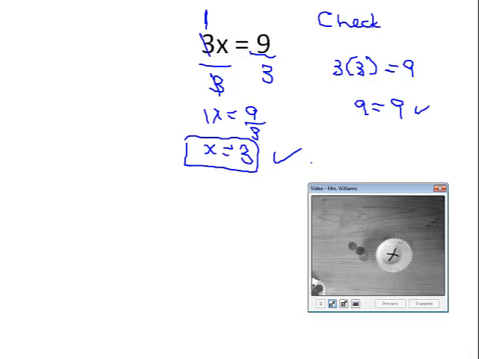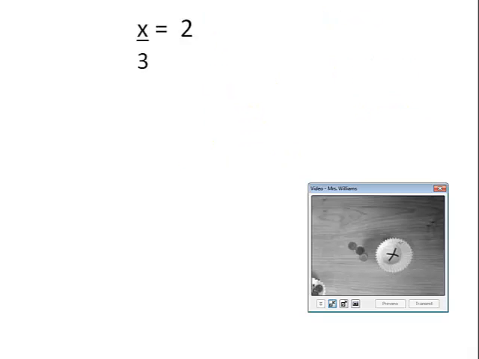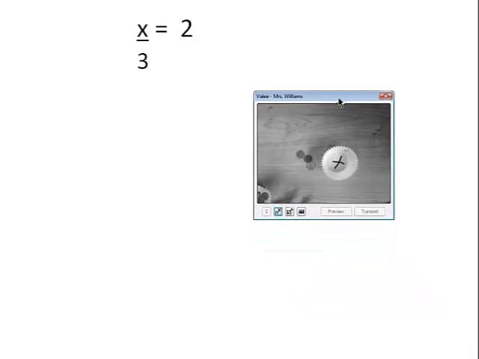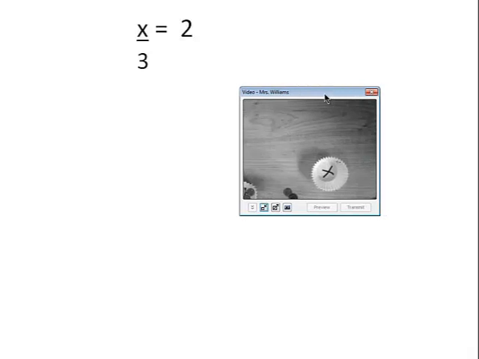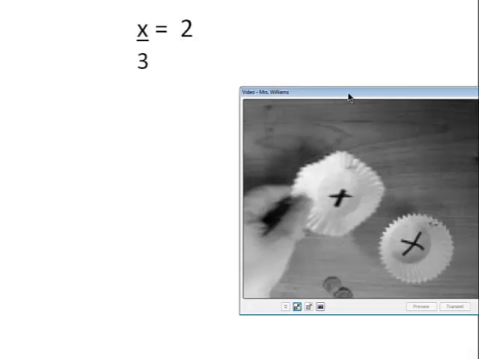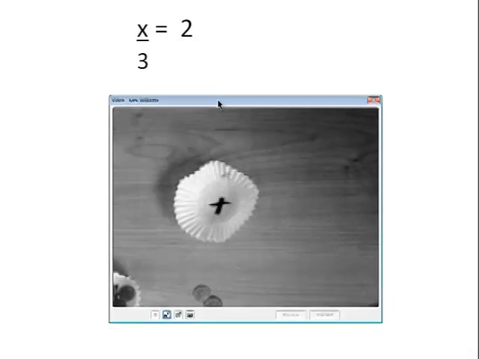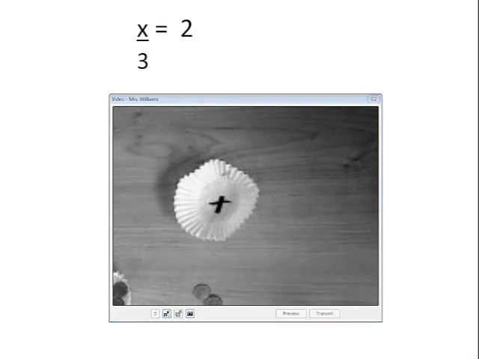Okay, now we're going to do the most complicated one of all. x divided by 3 is equal to 2. So again, we have to find out what x is. Now this is the most complicated one for a reason. We only can work with one x box, because notice there's no coefficient.